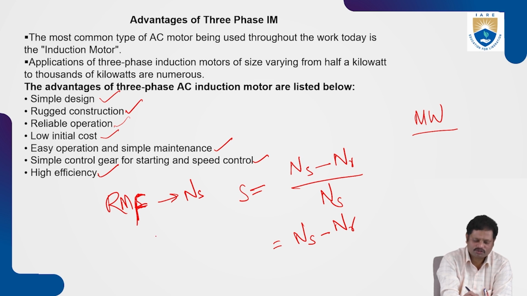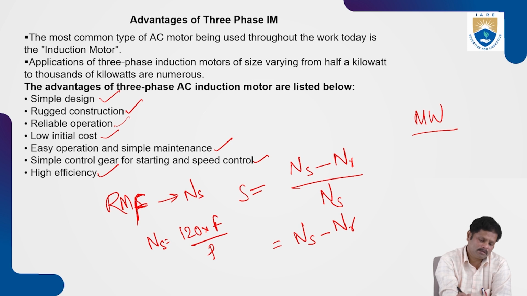So what is meant by synchronous speed? Synchronous speed is equal to 120 into supply frequency upon number of poles, where F is the frequency and P is the number of poles.